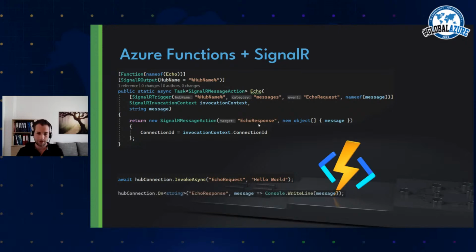And we can specify a callback for this echo response function, specifying the argument types as C# type arguments here, and passing in a lambda function or also a normal function that handles this incoming echo response message and do whatever we want with the message. In this case, just write it to the console.